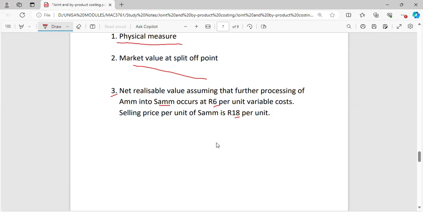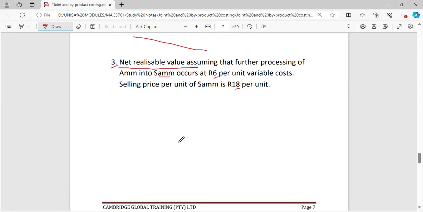Yes, that's 100% correct. Once the question says use the net realizable value to allocate joint cost, the first thing is to calculate your net realizable value of each product. Once you have the net realizable value, then you are going to use it to allocate the joint cost to the joint products. Right. So let's calculate the net realizable value.